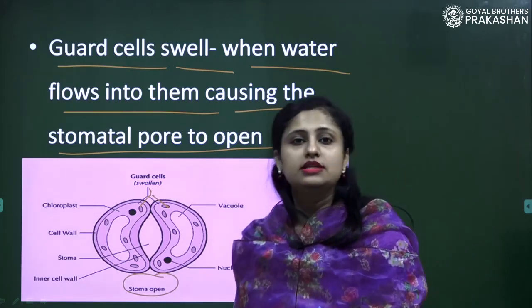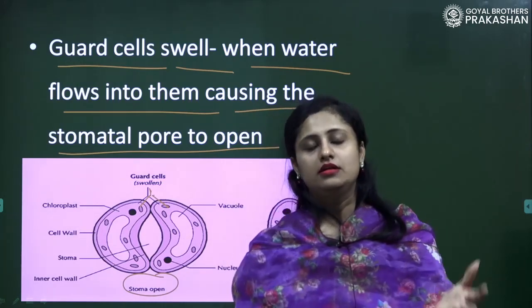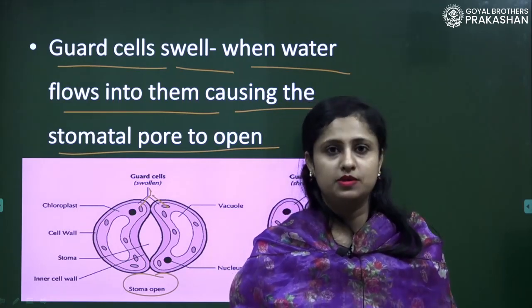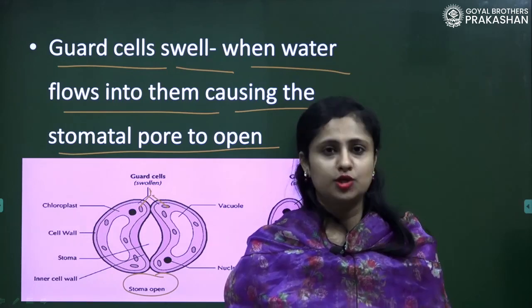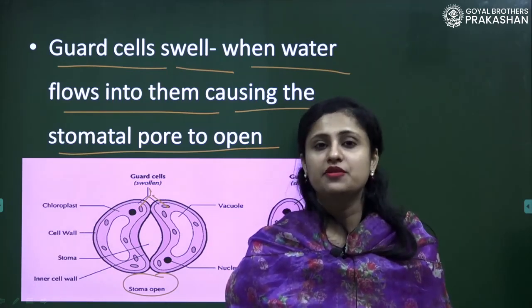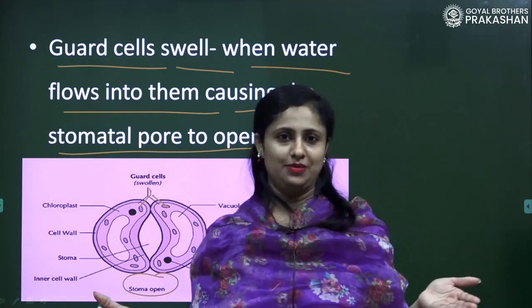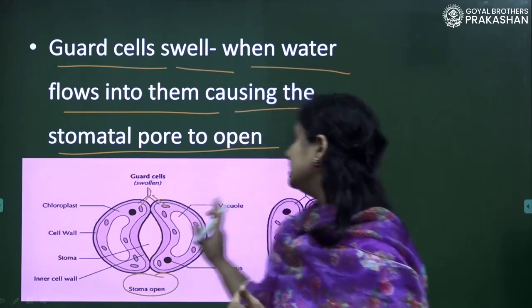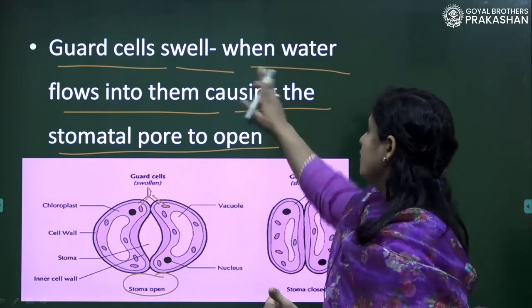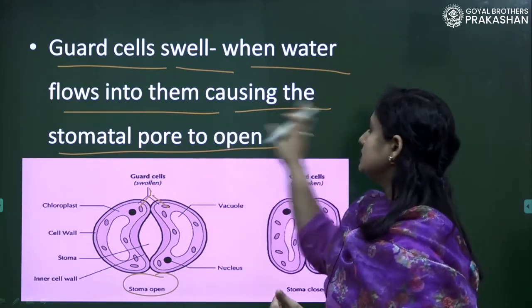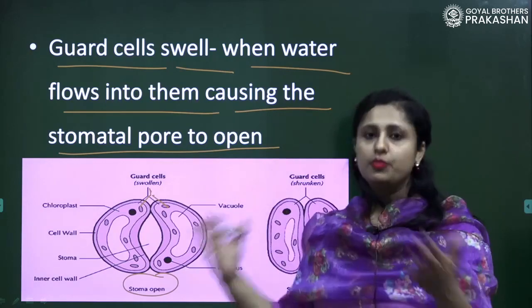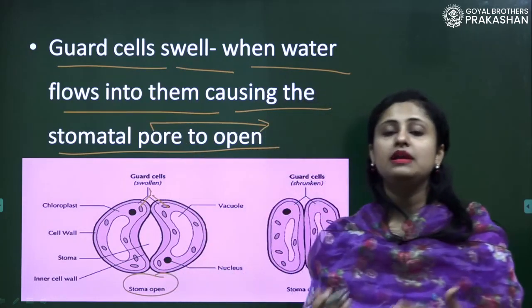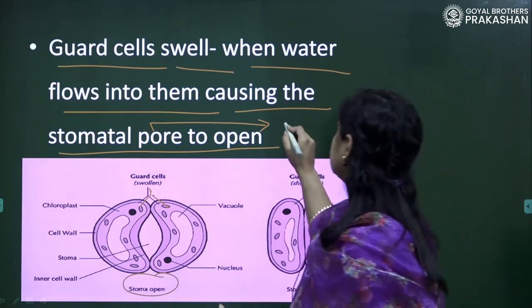So this is just similar to the case when any of your friends or family members are about to arrive at your place. Then what happens? When they arrive, you open doors for them, right? And they come inside. This is how it is happening here. Like when water flows into them, causing the stomatal pore to open. So stomatal pore can be taken as an example, as I stated, that doors.